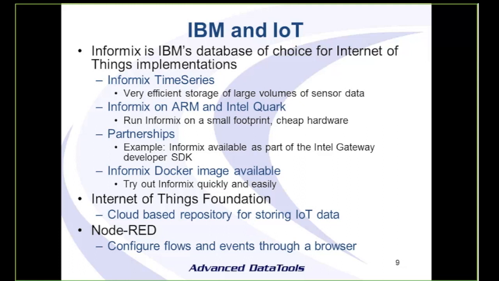Also, there's the Internet of Things Foundation, which is a cloud-based repository for Internet of Things data. And Node-RED, it's a very cool application that allows you to put in flows of data, certain data from this place, what you want to do with it. It works with tweets. If you get this tweet, do a certain action, and you can just manage that flow through a web browser.